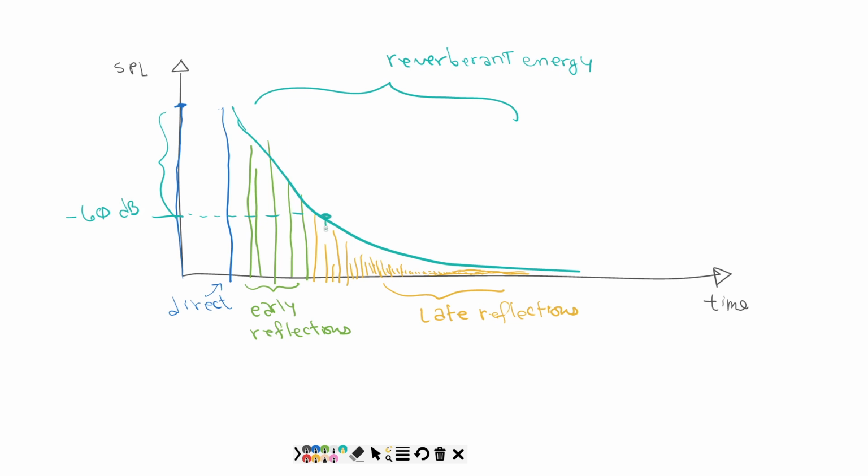And actually, I'm not really drawing this to a great scale here. In most rooms, this would be, well, I don't have enough space, but it would be way down here somewhere. But whatever this time is, that is called the RT60. It is the reverb time of the room.